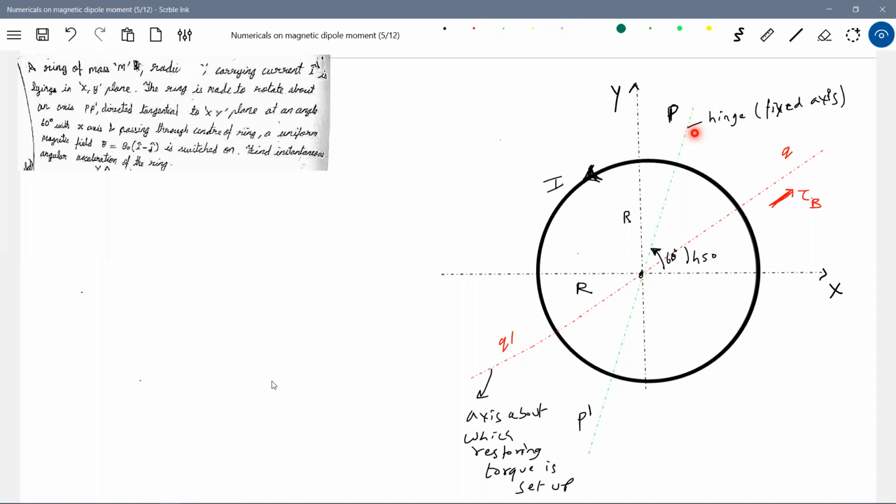Now we'll calculate the torque due to dipole moment. Think on it, it's a very good problem.